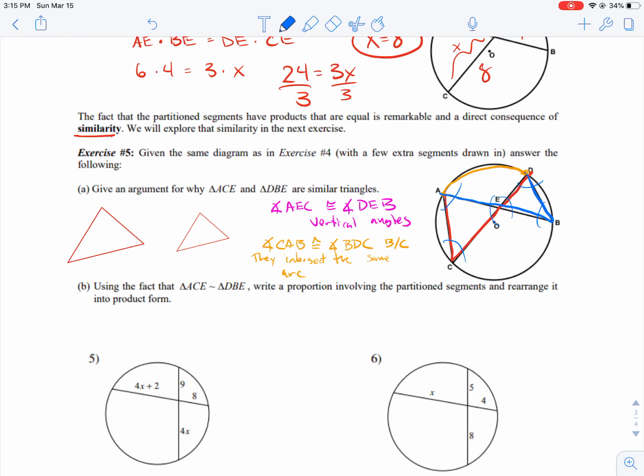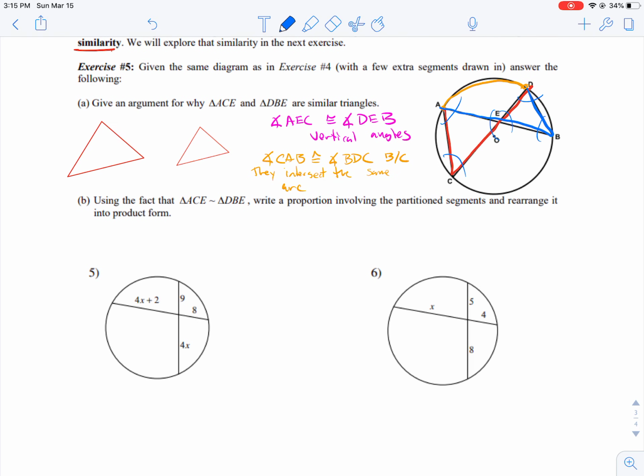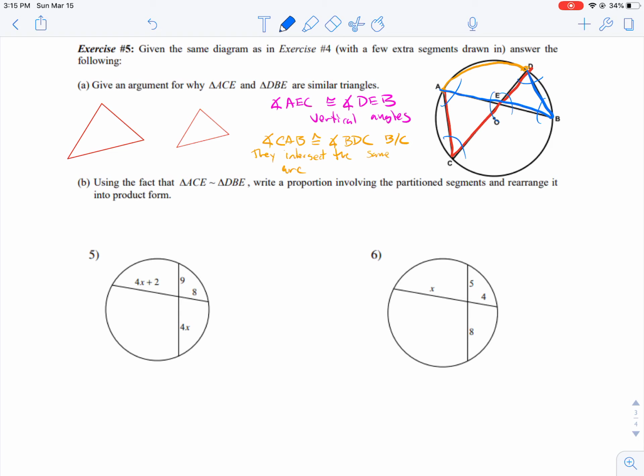Okay? And it says using the fact that triangle ACE and triangle DBE are similar. That's what this means right here. It means these two triangles are similar, not congruent. Okay? They just look alike. They aren't the same. Write a proportion involving the partition segments and rearrange it into product form.